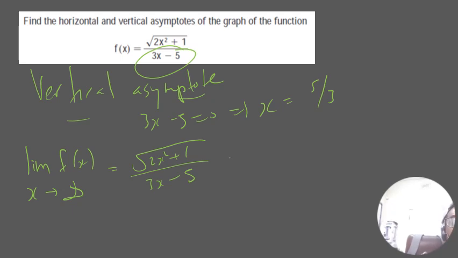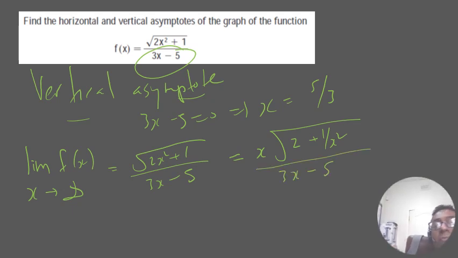But would you agree that if I pulled out an x squared in the numerator, I would end up with an x, and then 2 plus 1 over x squared, all over 3x minus 5. Sorry, I should have put down the limit as x approaches infinity.